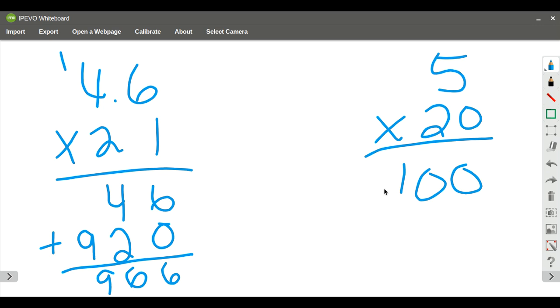Well, if I were to do my comparison now, 966 is not near 100, but that's because I haven't placed my decimal. So I'm going to use that pattern. If here I have one number behind my decimal, that means in my product, I should have one number behind my decimal. So my answer is going to be 96 and 6 tenths, which is near my estimate.